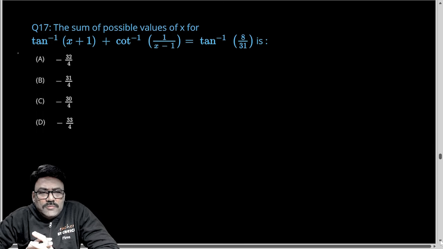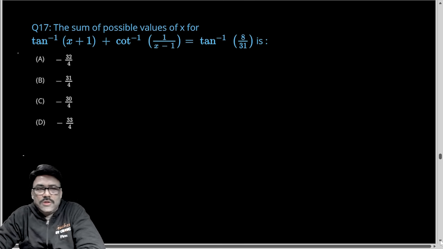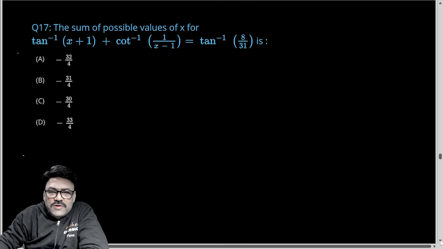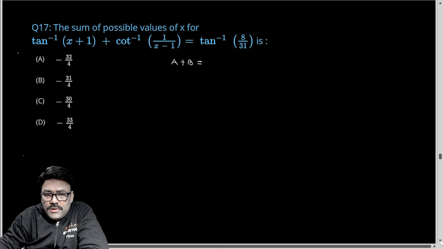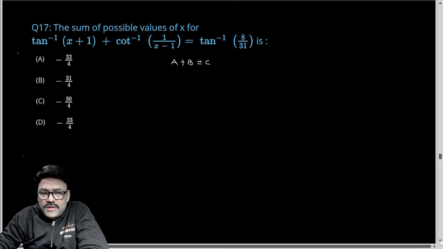You have to get the sum of all possible values of x satisfying this equation. So let's suppose this tan inverse (x plus 1) is A, cot inverse (1 over x minus 1) is B, and tan inverse (8 over 31) is, let's say, C. I have taken tan inverse (x plus 1) as A, means tan A is x plus 1.